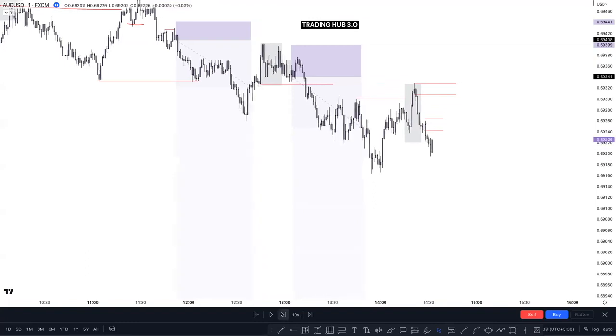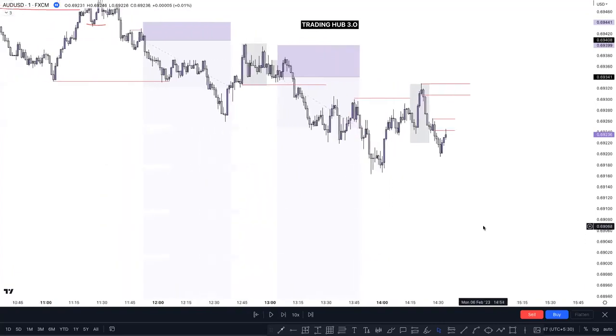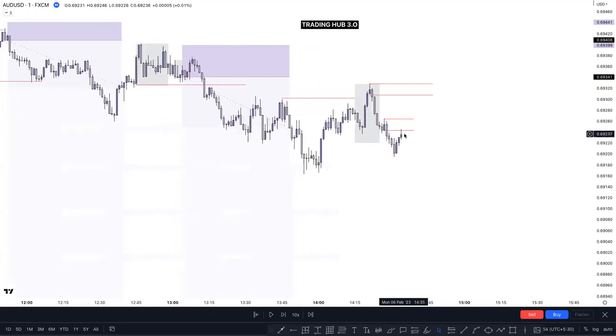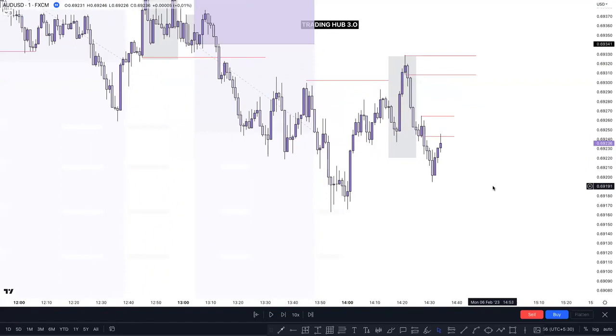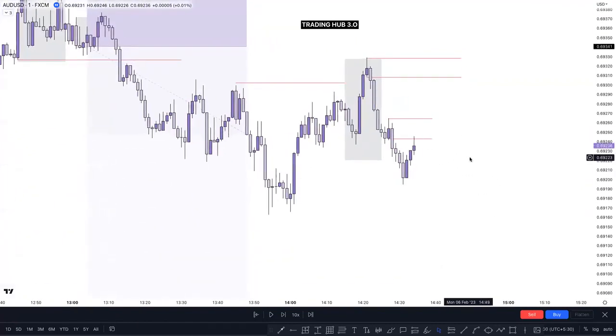Okay, you have to wait for it to mitigate the 1 minute order block. Okay, it gives a small reaction here, and once the market gives a reaction here, you have to prepare, as the market can give you a confirmation, like an indication before a downside move, right?